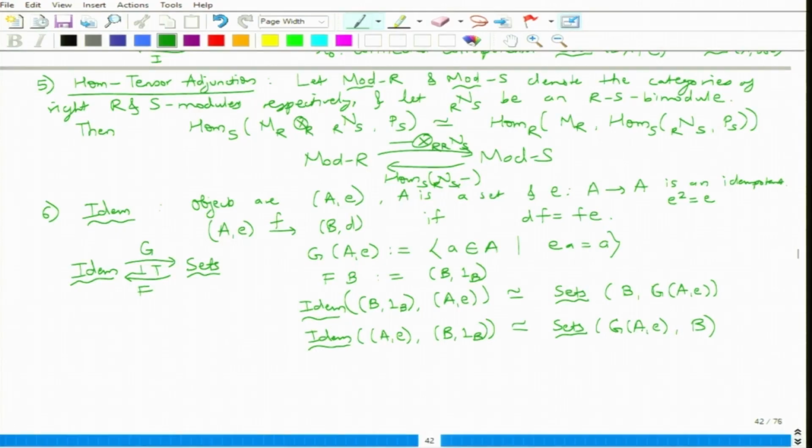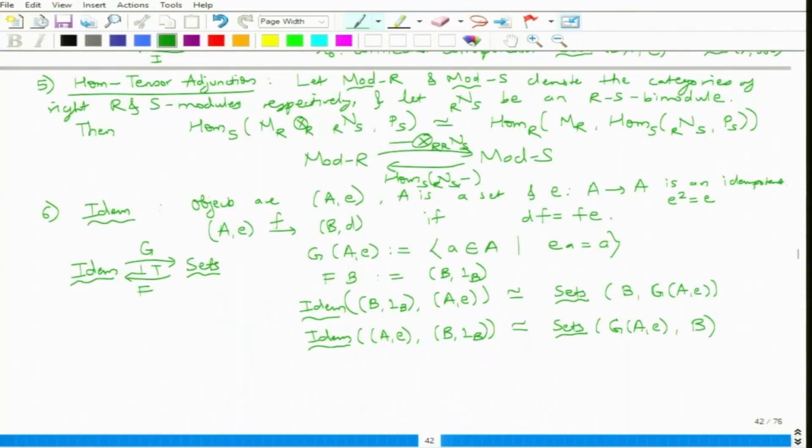You just have to convince yourself, look at these identities for a long time and then you will understand what's going on. For example, a morphism from (B, 1_B) to (A, E), what is it? It's any function from B to A such that E composed with that function is itself. But that means it has to land inside the fixed point set.